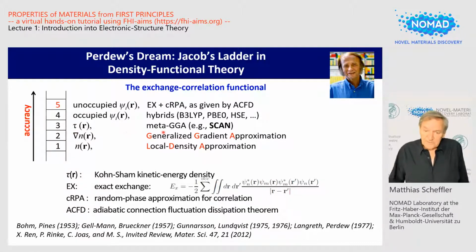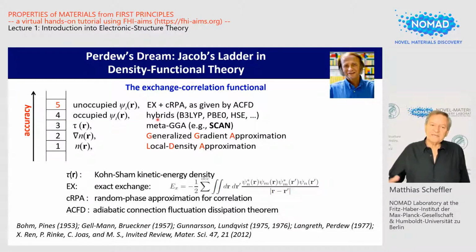The third level is getting more information in, and that is called the meta-GGA. In the meta-GGA, you're not only including the gradient of the density, but you also include the Kohn-Sham kinetic energy density. And the most accurate meta-GGA which now exists, again derived by Perdew, is SCAN, which is a functional which fulfills all the exact conditions which we know about the correct exchange correlation functional, all the parameters which in fact a meta-GGA could fulfill.